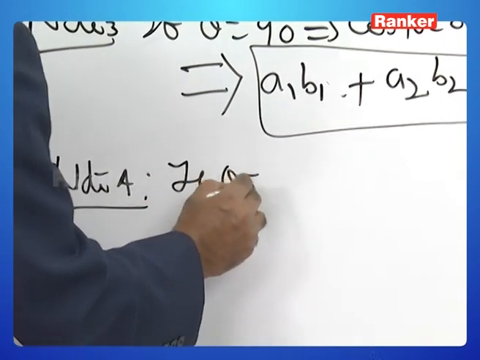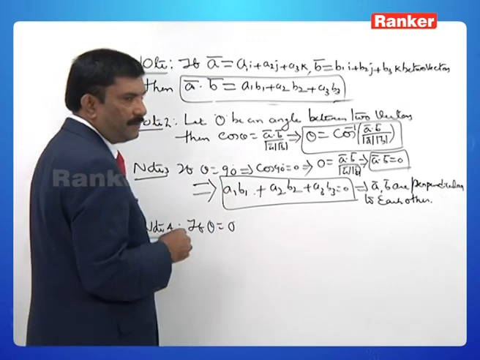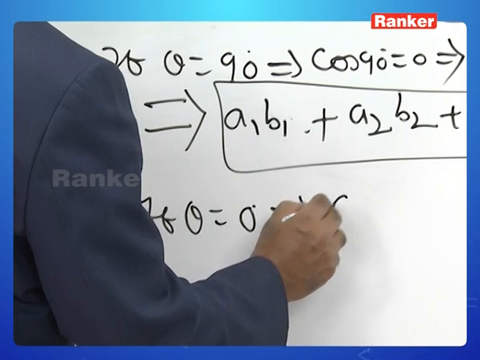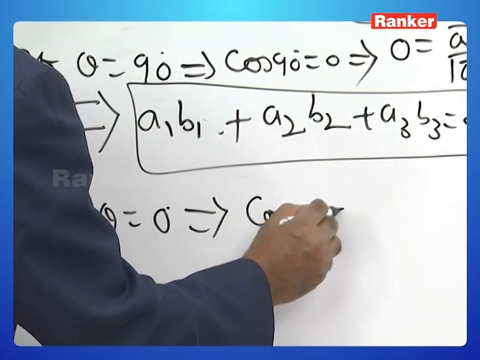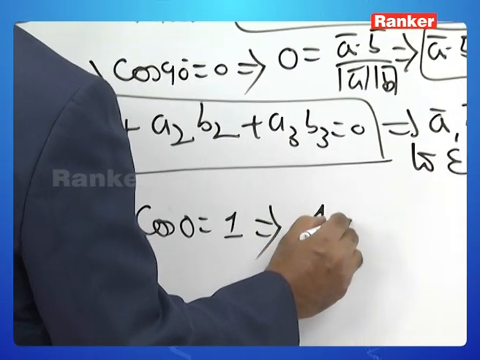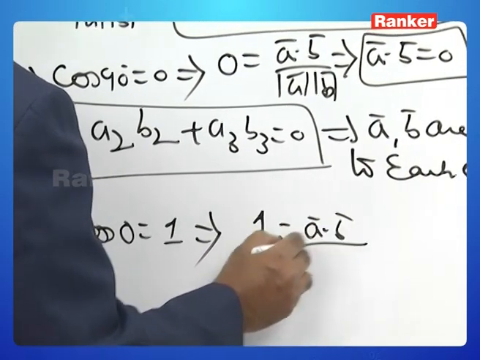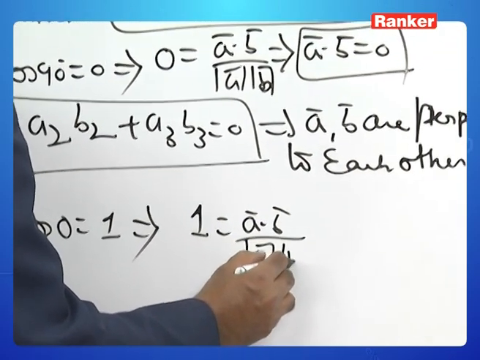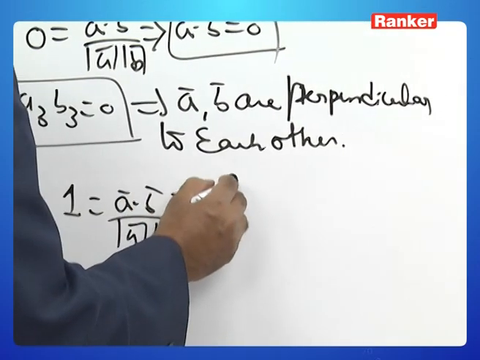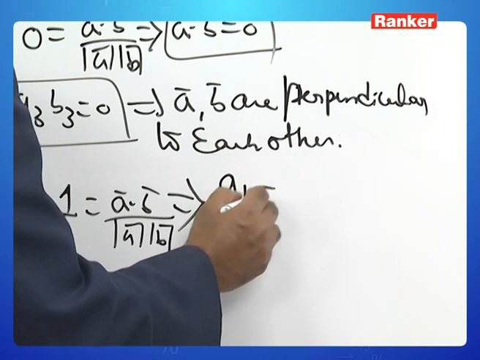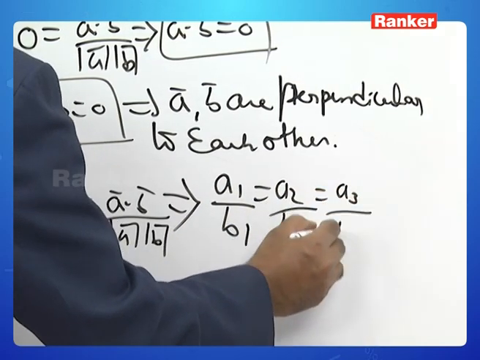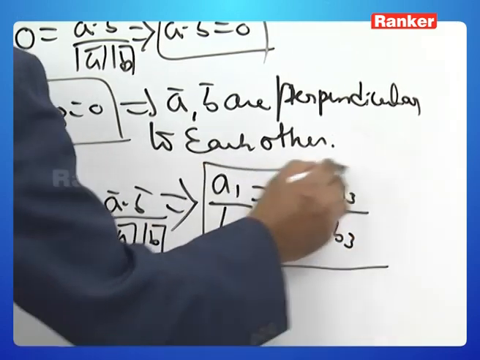If theta is equal to 0 degrees, which implies cos 0 is equal to 1, therefore 1 is equal to A dot B by modulus of A into modulus of B. After simplification, you get A1 by B1 is equal to A2 by B2 is equal to A3 by B3.